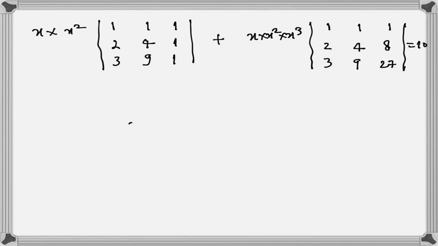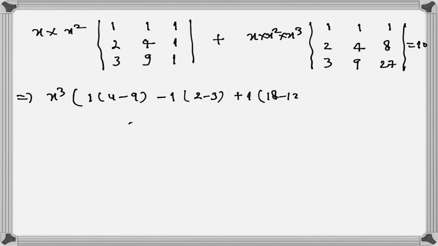Okay, so this implies x cube times, expanding the first determinant, 1 into (4 minus 9) minus 1 into (2 minus 3) plus 1 into (18 minus 12), plus x to the power 6.